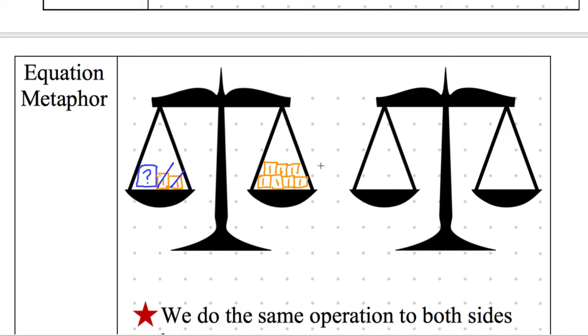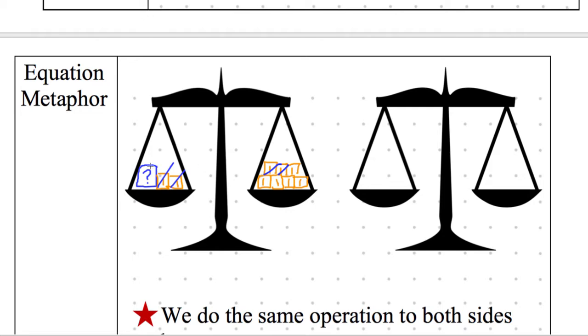Now this right side would move down and this left side would move up because I have unbalanced this perfect equality. So in order to make sure that the scale stays balanced, I also have to take off 2 on the right. By taking off 2 on the left and 2 on the right, the scale stays balanced.